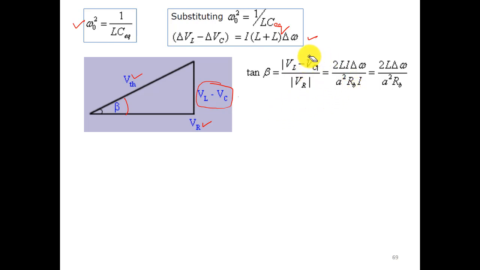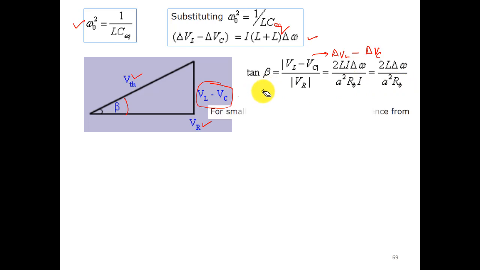VL minus VC is nothing but delta VL minus delta VC, right? Therefore it will become equal to 2 I L delta omega by A square RV I. So I will cancel out, and it is twice L delta omega by A square RV.